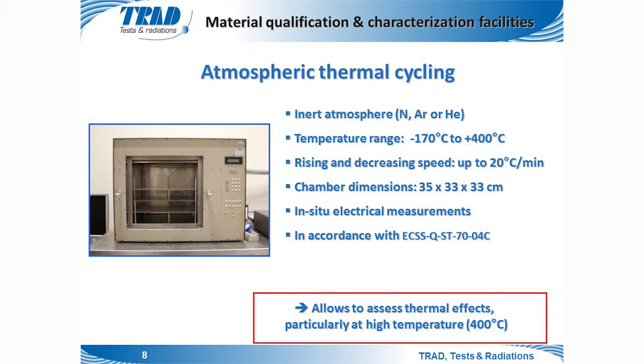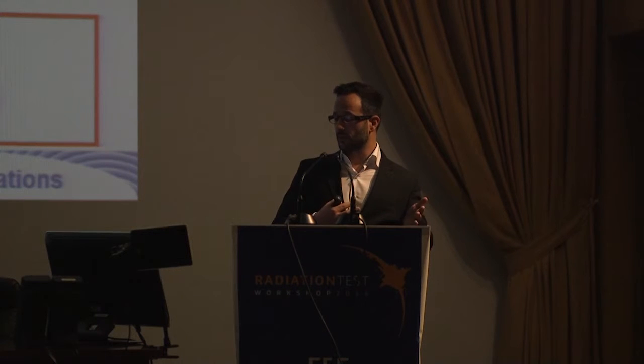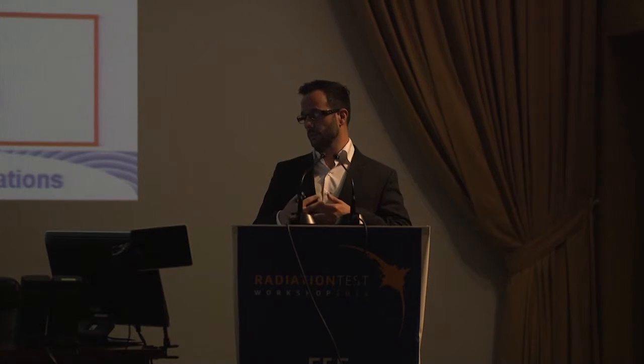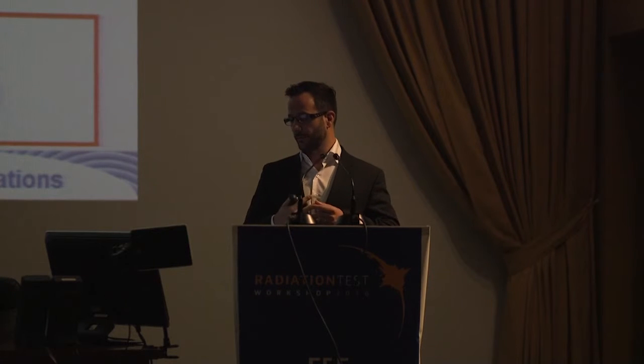The next equipment I would like to speak about is the atmospheric thermal chamber. This equipment allows to perform tests in inert atmosphere, such as nitrogen, argon, or helium, with a high temperature range from minus 170 to 400 degrees Celsius, with a rising and decreasing speed up to 20 degrees Celsius per minute.